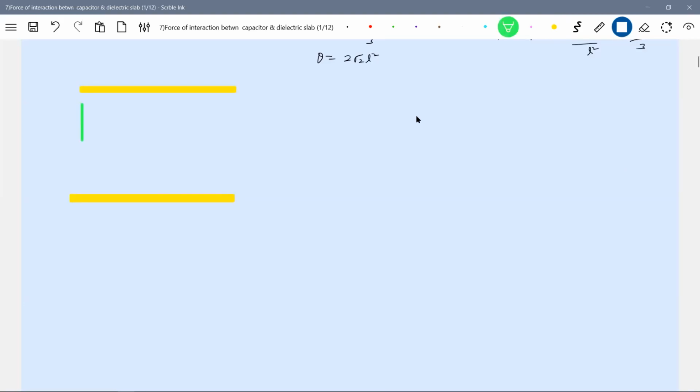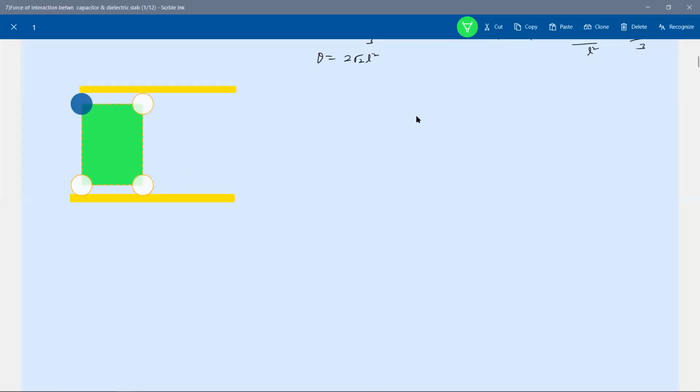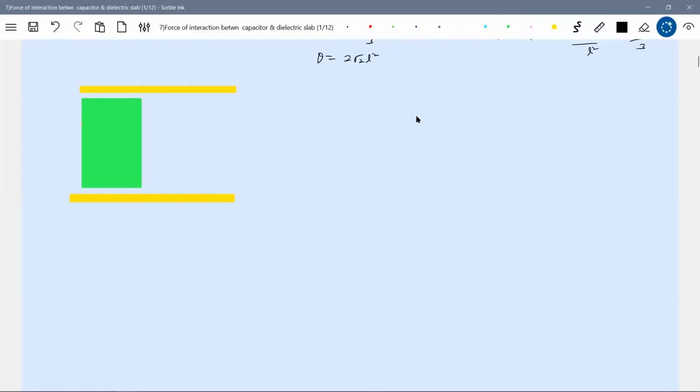So this is the dielectric slab. The thickness, the gap, I'm showing it so that I can indicate all the charges clearly. Now, what is the charge present in this region? The charge present in this region is Q1. The charge present in this region is Q2.